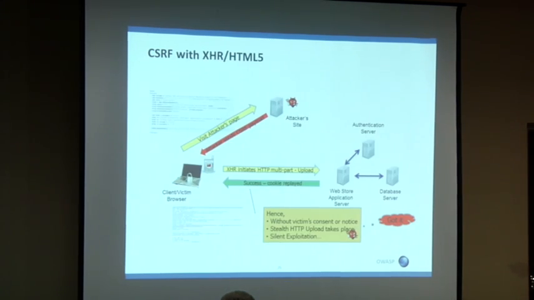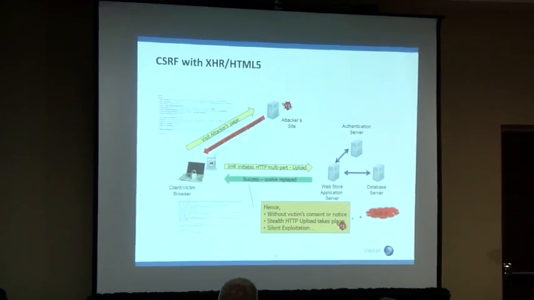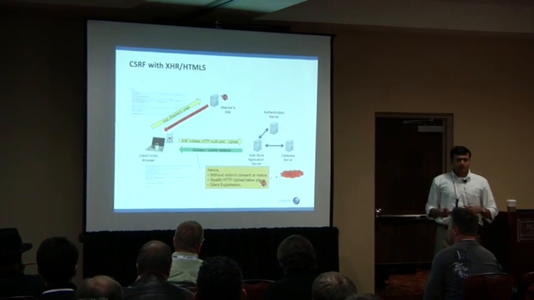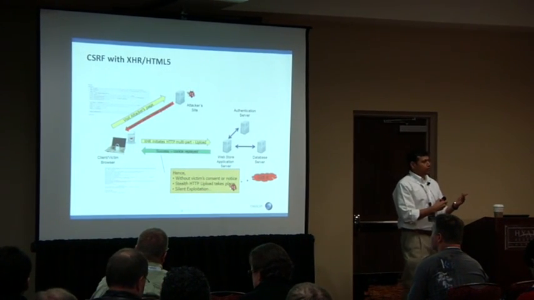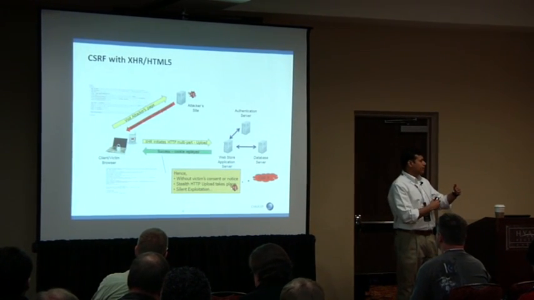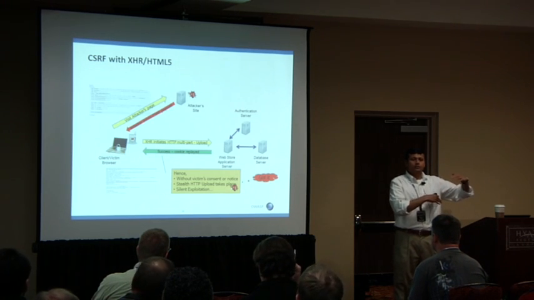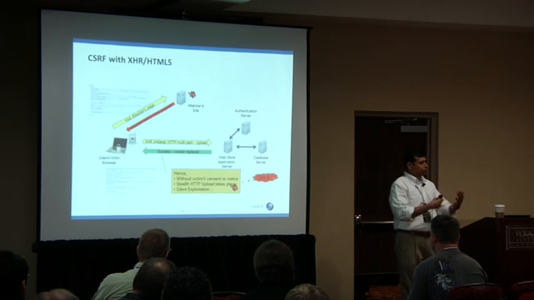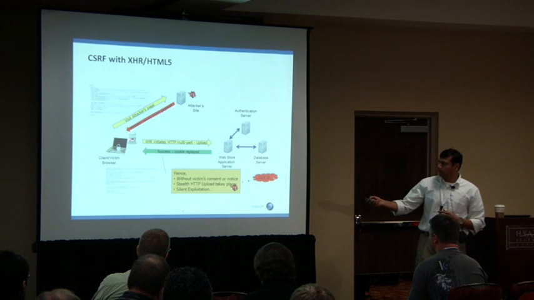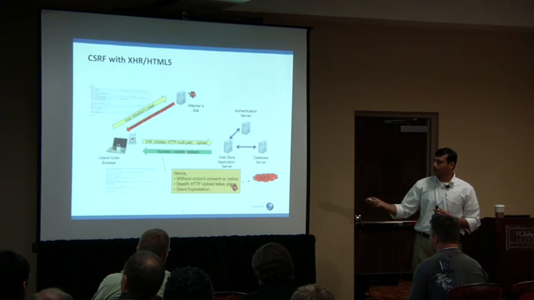Now you visit the attacker site, and when you go there, the attacker can create a multi-part file through JavaScript. There is no actual file. There is just a file which is created dynamically through JavaScript, and that file will open a connection, upload the file, and you get a success.